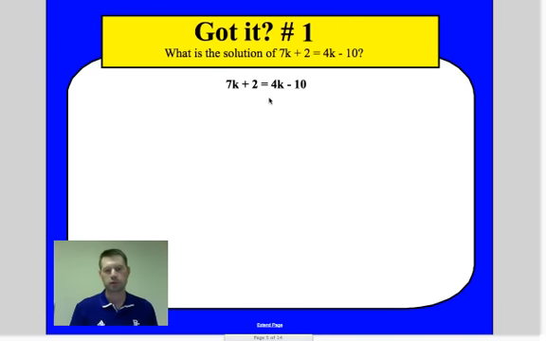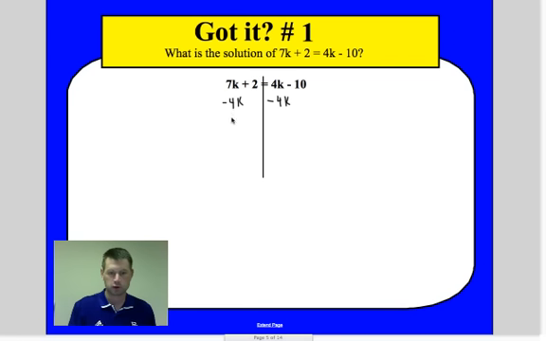So we're going to plan ahead. I know that if I subtract 4k from both sides, I'm going to have a positive on the left side. If I subtracted 7k, this side would be negative, so we don't want to do that. Just to help us out, I'm going to put this line right down the middle, so we can see where we're at.